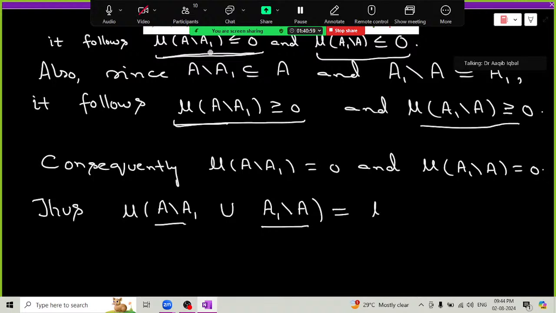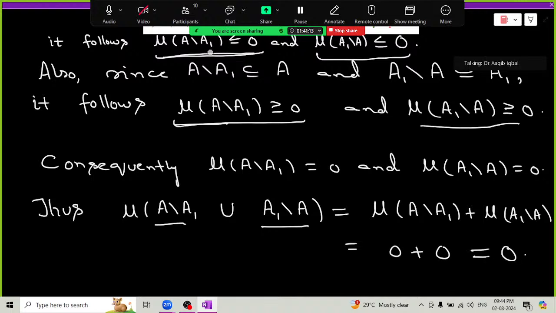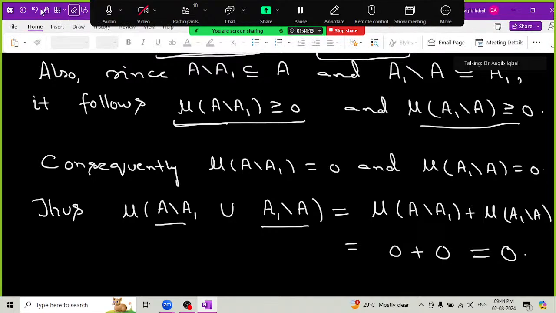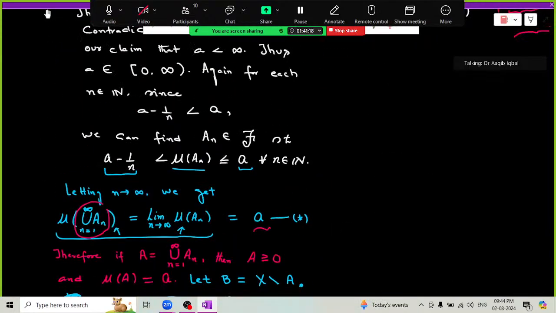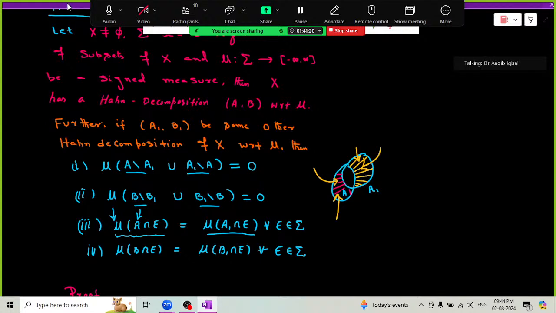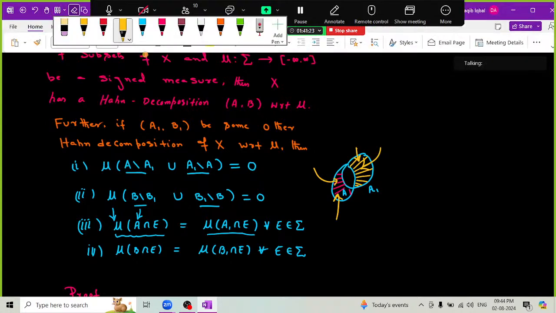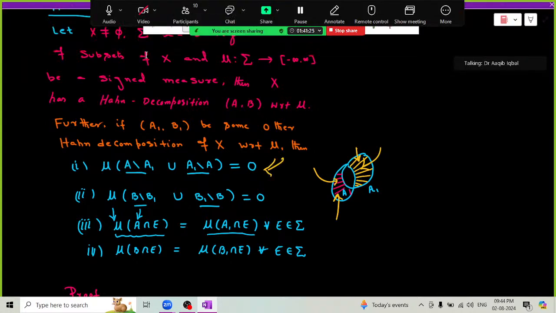So this will be mu of A minus A1 plus mu of A1 minus A, और आपने ऊपर देखा कि ये दोनों 0 हैं, so this is 0 plus 0 which is equal to 0. इससे ये prove हो जाता है. So we have proved this. Now similarly you can prove this. मैं ये details में नहीं जा रहा हूँ, I leave this to you.